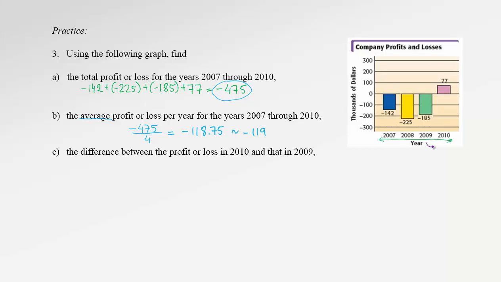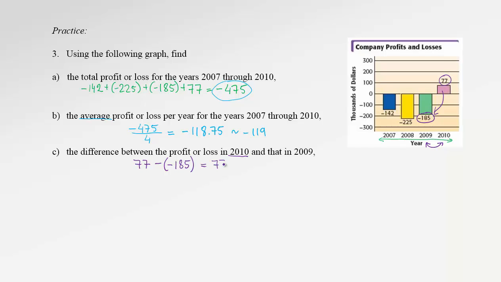Now let's find the difference between the profit or loss in 2010 and that in 2009. This time we need to compare the results in these two consecutive years. The difference between the result in 2010, meaning we start with 2010, $77,000, and subtract the result in 2009. So we're subtracting a negative number. Here we need to be careful with the double sign again.